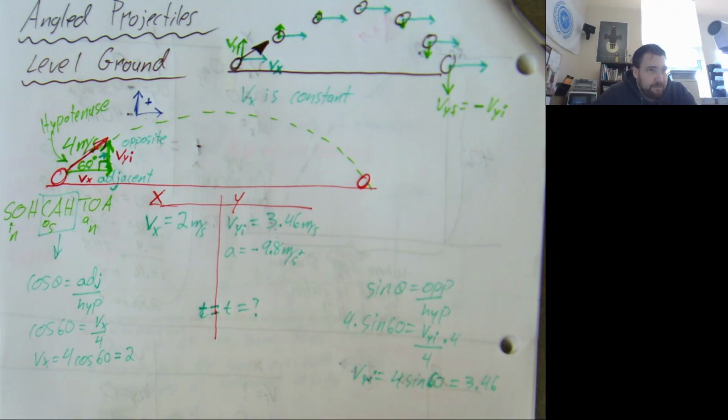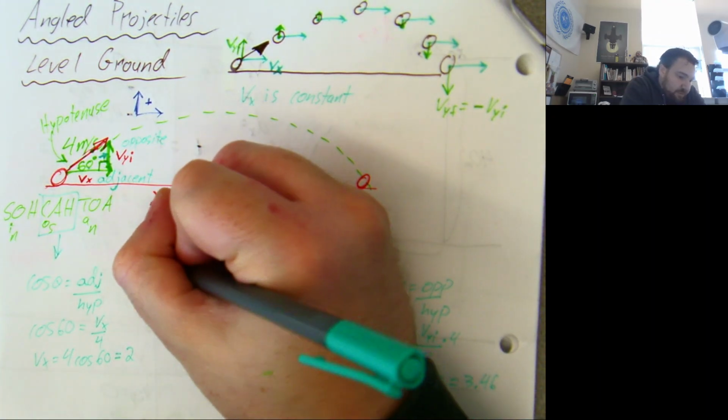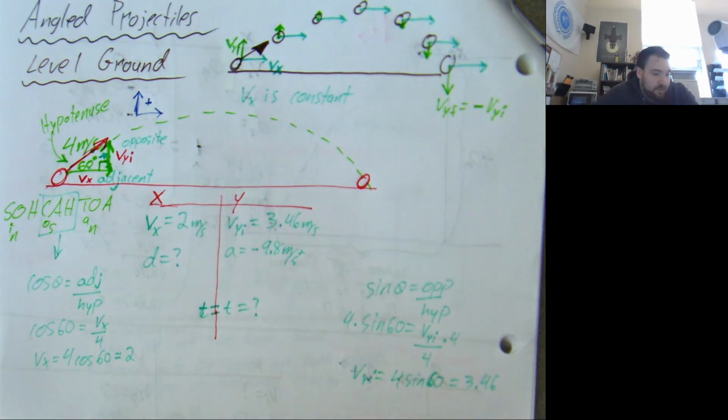What else could we find? Which one? There's 2. We're in 2 dimensions now. Horizontal distance. That makes a lot of sense. Okay, so let's find those 2 things. Finding time is going to be the important one first.